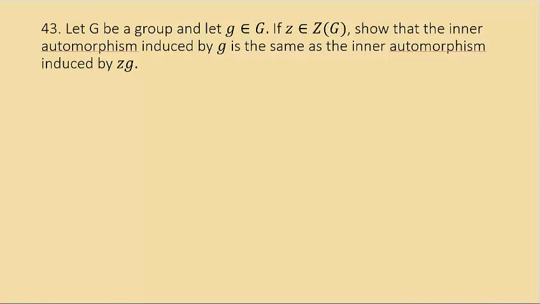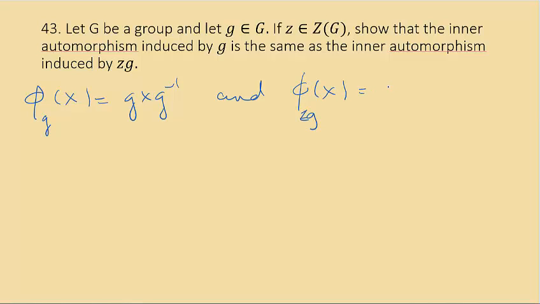The inner automorphism induced by g, we denote by phi sub g of x, is equal to g x g inverse. And the inner automorphism phi sub zg of x is equal to zg x (zg) inverse. And we want to show that those are the same mappings.